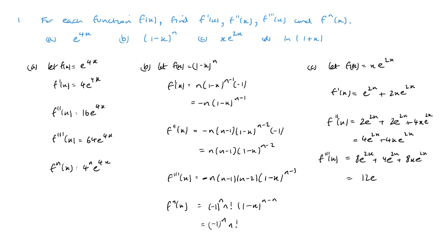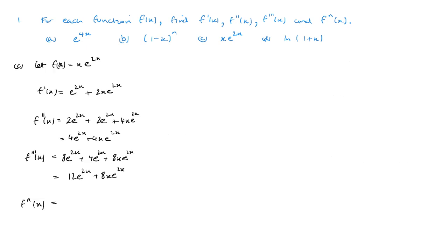So that is 12e to the 2x plus 8x e to the 2x. So we've gone from 1 to 4 to 12. That's a bit of an awkward pattern, isn't it? Yeah, so I can't spot it straight away, so I've just made a bit of room.